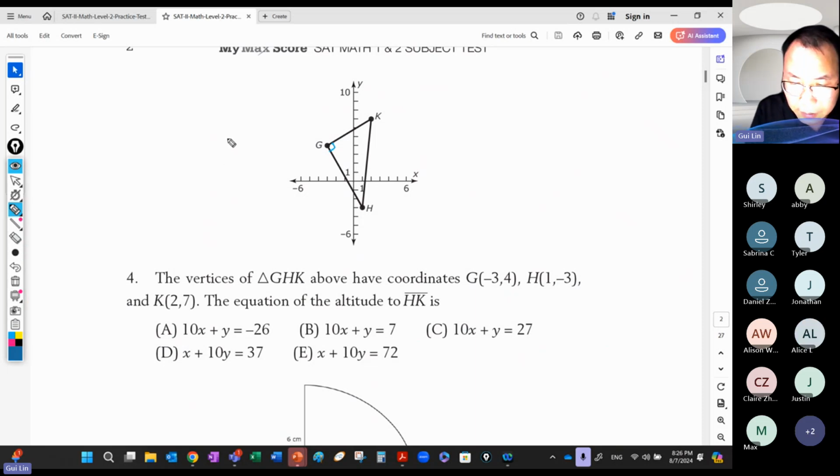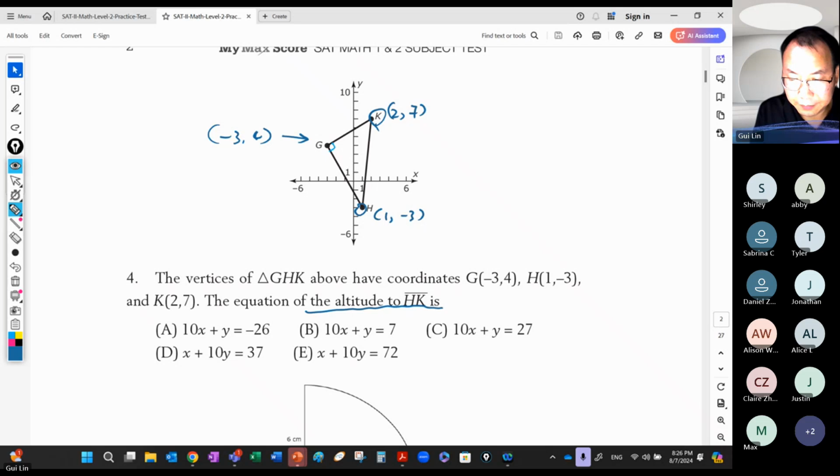G is -3, 4. H is 1, -3. And K is 2, 7. The equation of the altitude of HK.